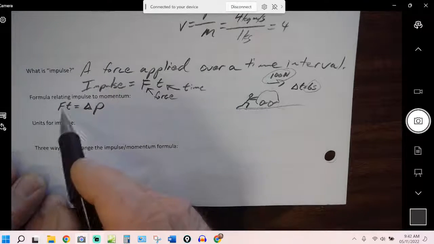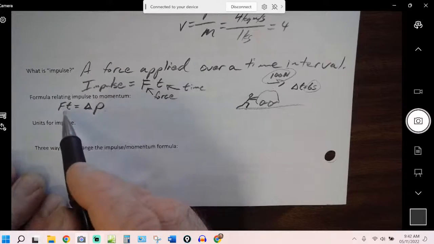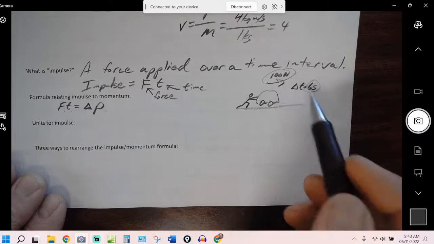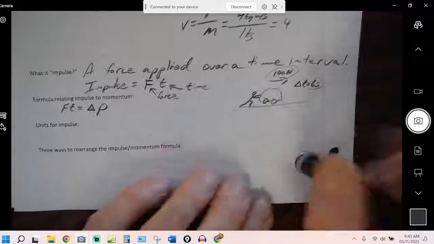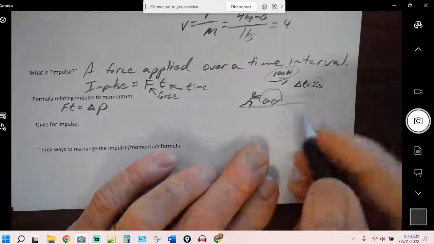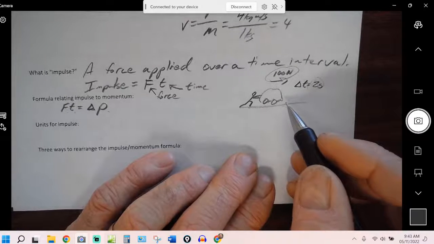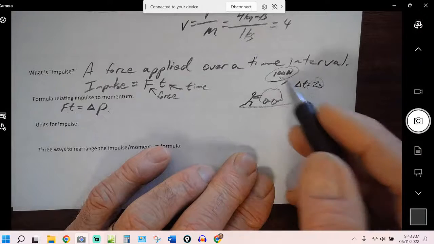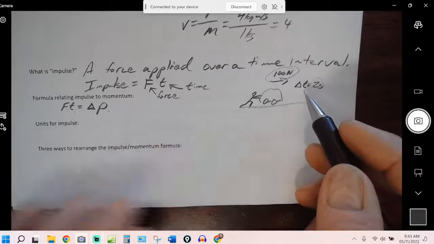So you can give something momentum by applying a force for a certain amount of time. So this car is going to get 600 kilograms meters per second of momentum. If you only pushed it for 2 seconds, it wouldn't get going as fast. It wouldn't have as much momentum. How much momentum would it have? It would have 200 kilograms meters per second.